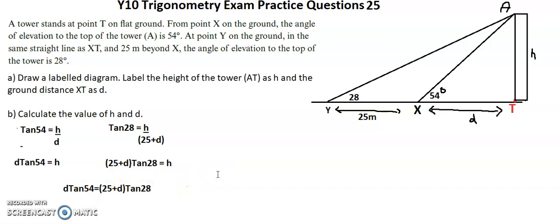Now the next thing I need to do is get D by itself. The first thing is to expand these brackets on my right-hand side. That just means that 25 is timesing with tan 28. So I've got 25 tan 28, and D is timesing with tan 28.